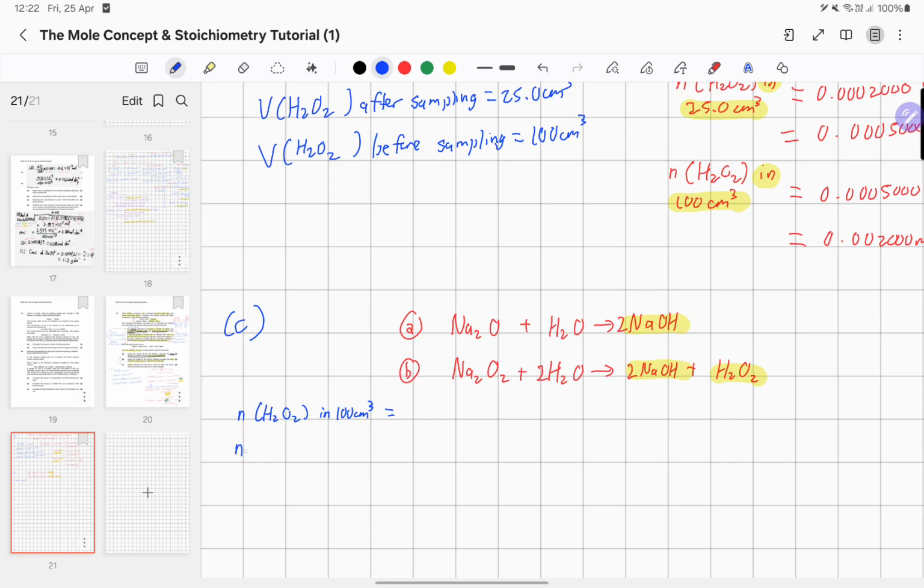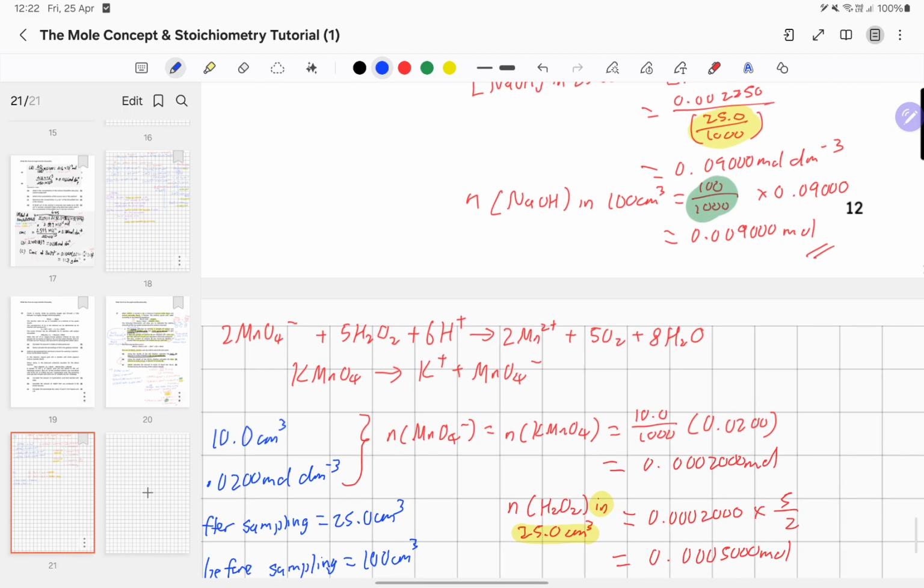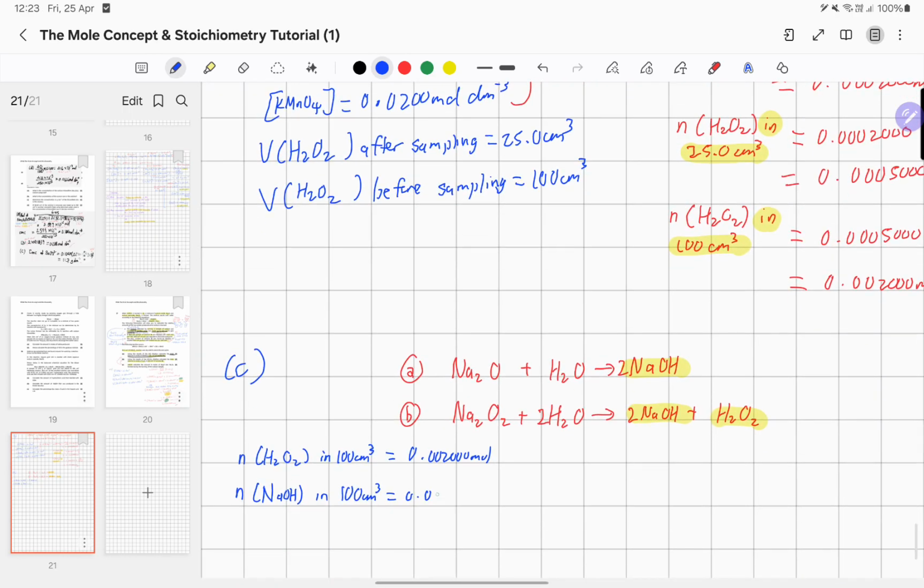Then I also have the number of moles of NaOH in 100 cm³. Okay, so this one is 0.002 mole, and this is 0.009 mole.